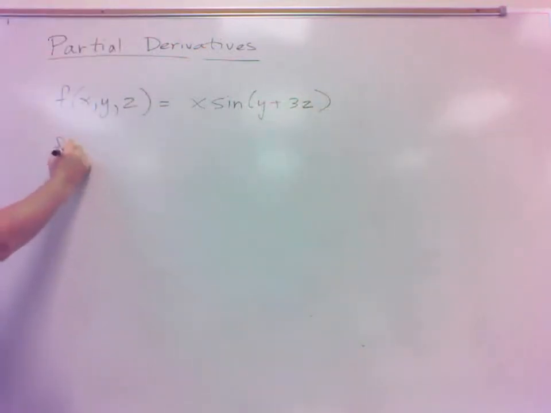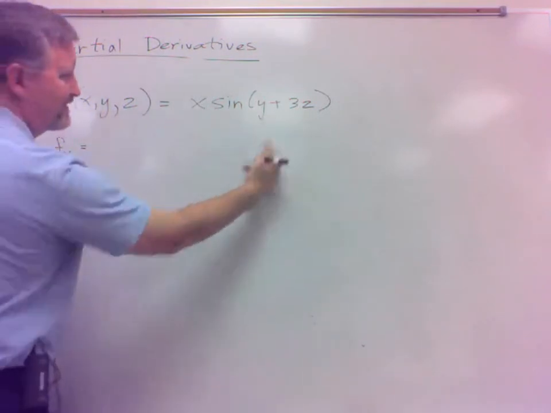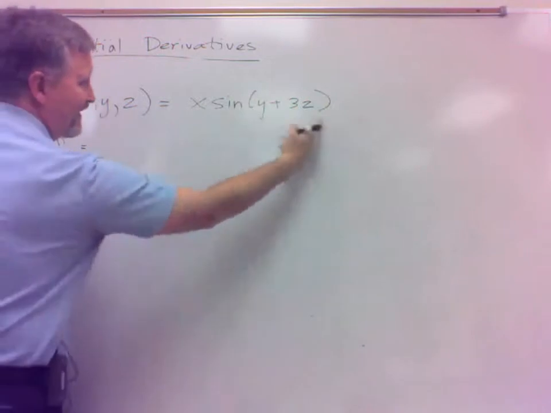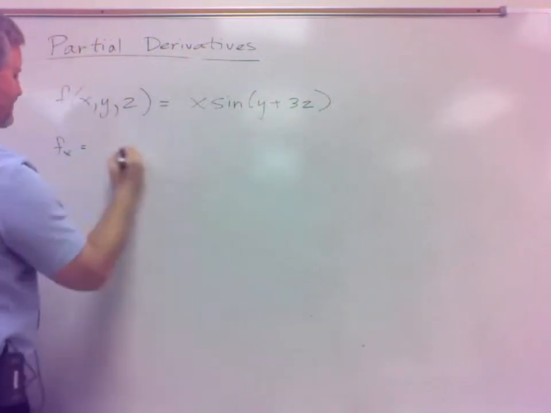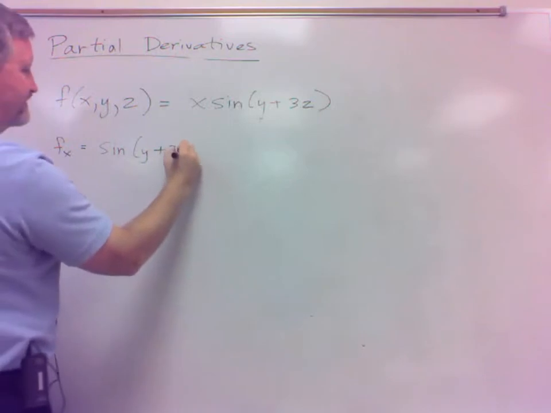And so what would the partial with respect to x of that be? Same deal, right? X is the variable, the y and the z are constant, and so sine of that is just a constant. So it'd be 1 times the sine of y plus 3z.